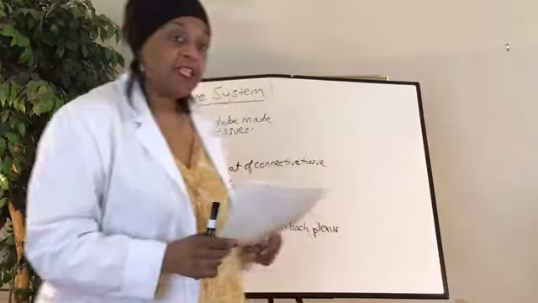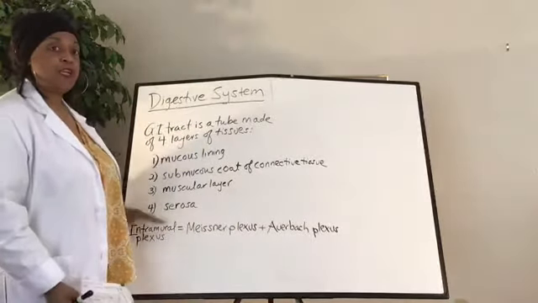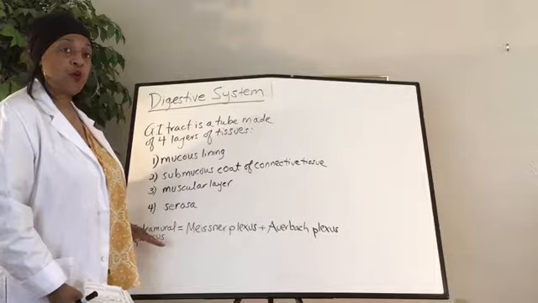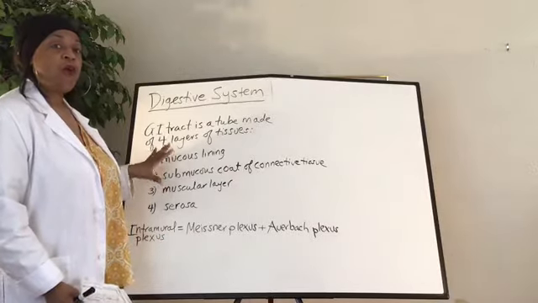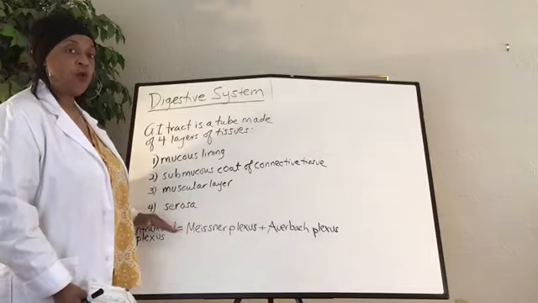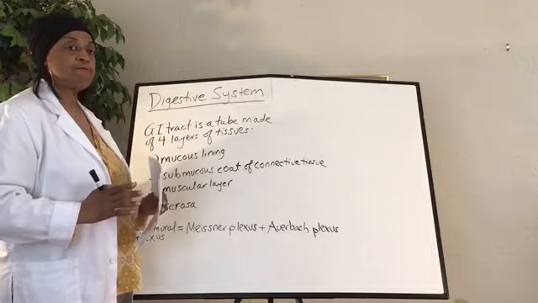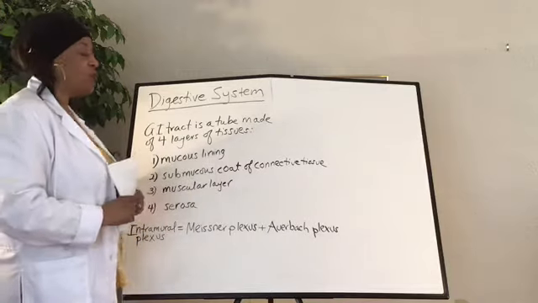The GI tract is a tube that's made up of 4 layers of tissue. These 4 layers of tissue, you will be responsible for knowing what they are and where they're located, and know the certain order so that you can figure out where things are in which category, in which tissue.